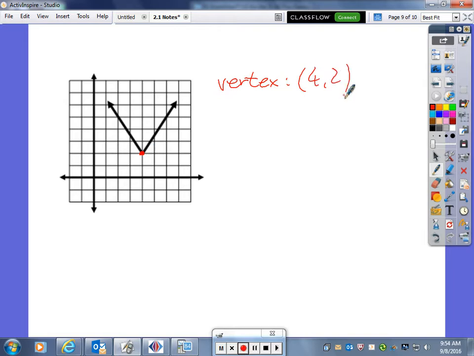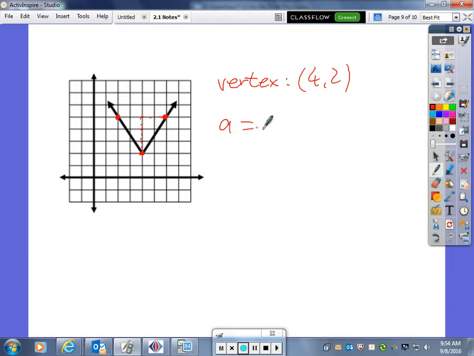And the next thing we need to find is our a, our dilation. And in order to do that, we need to look for a point on the graph which is nicely on the grid lines, like these 2 points, for example. And going from our vertex to the next point on the right, we go up 3 and 2 to the right, up 3, 2 to the right.